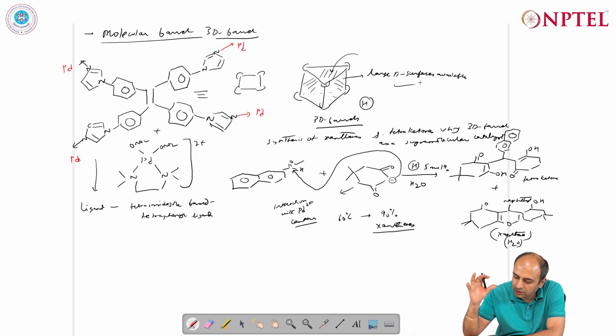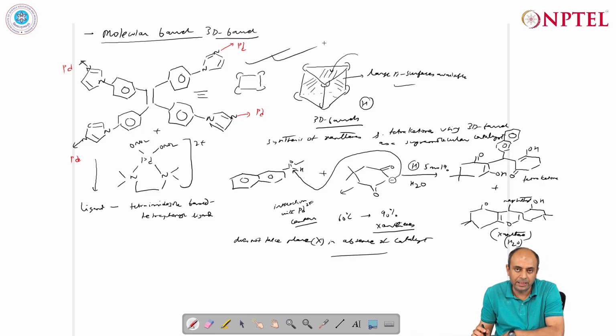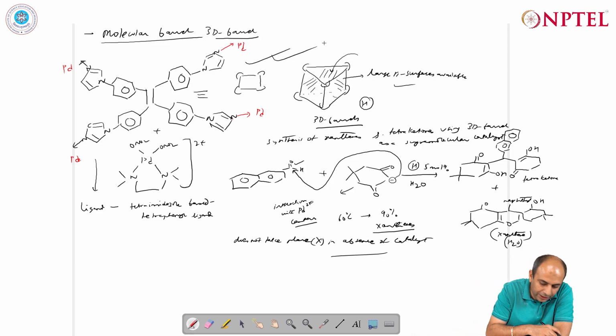So these anions get stabilized in the 3D barrels, and then the reactivity is enhanced by reaction with the electrophilic center. It has been observed that this particular reaction does not take place in absence of catalyst, again demonstrating the versatility of this particular 3D barrel structure. So now you have modified the ligand backbone by making this tetraimidazole based tetraphenyl ligand, this particular scaffold which facilitates this reaction.